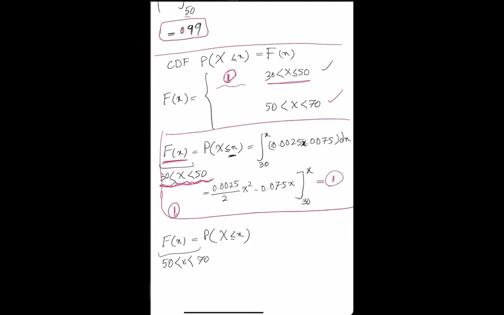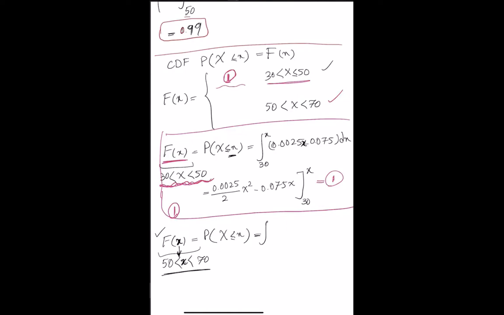So what is the cumulative distribution function when x is in this range? I know that the x that is going to sit here is in this range.